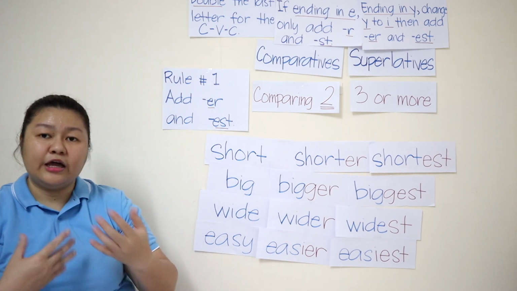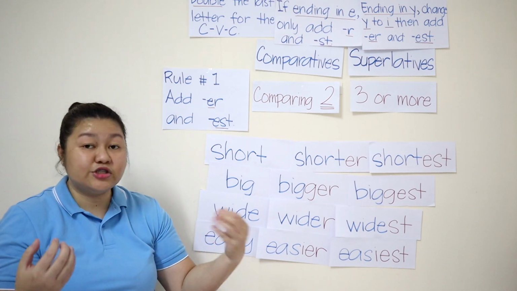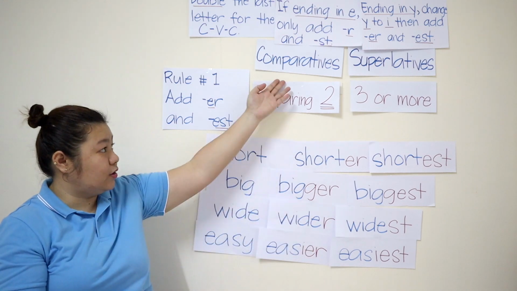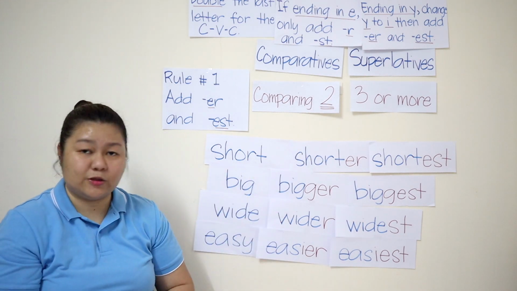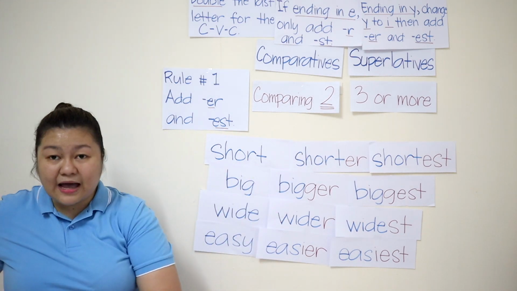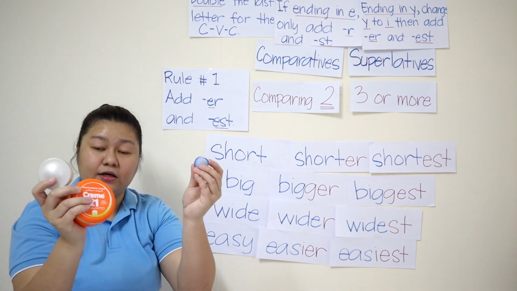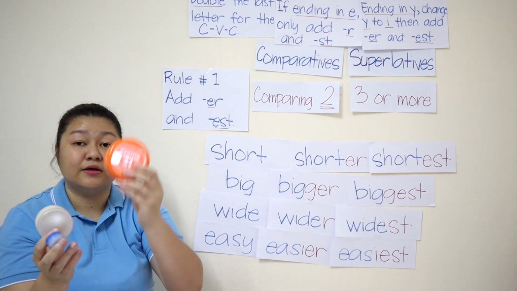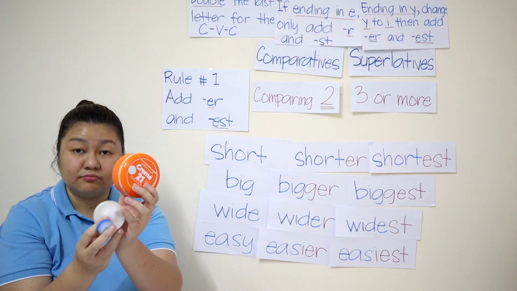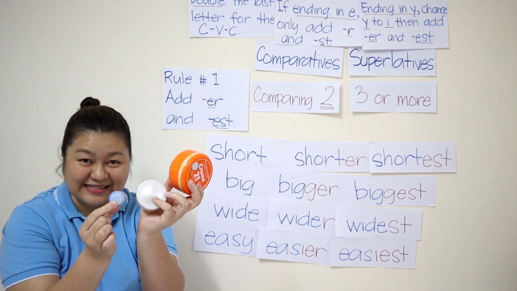Now even that we are at home, we can still do comparing using comparatives and superlatives with all the objects that we have at home. For example, here I have 3 containers. So we can have small, smaller, and smallest.